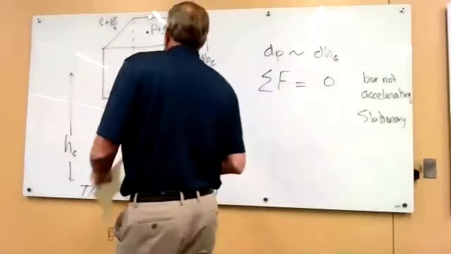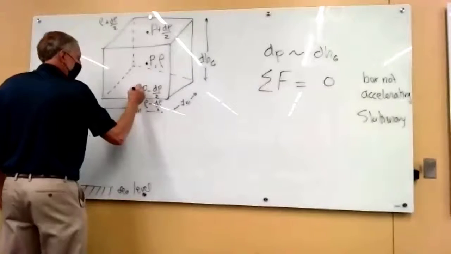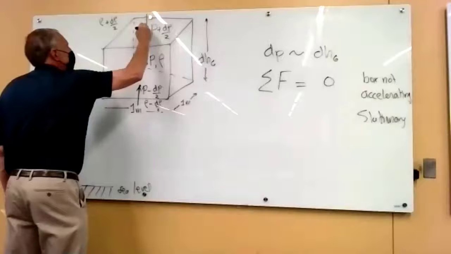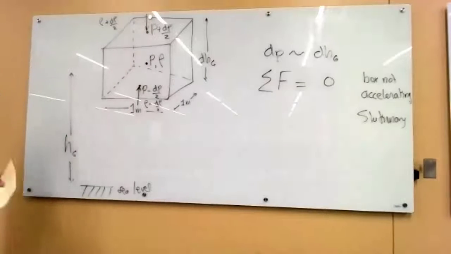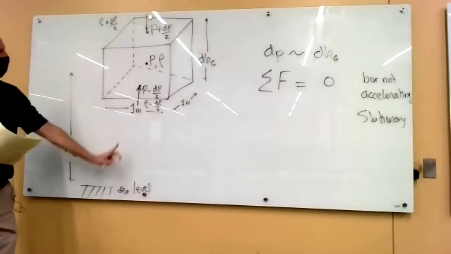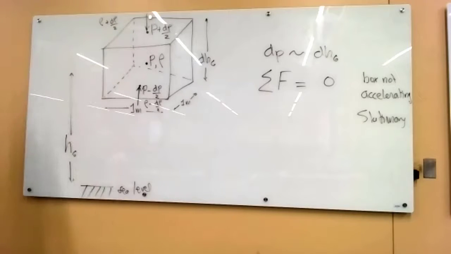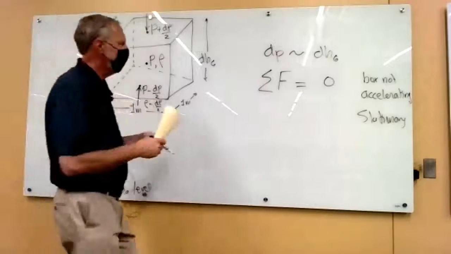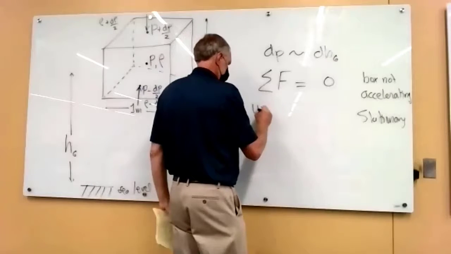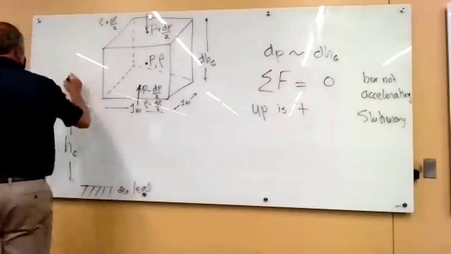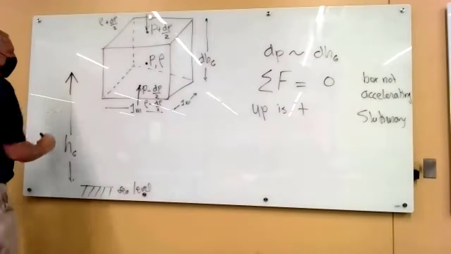So what we have to do is calculate the force on the bottom of the box and the force on the top of the box, and then the weight, because there's gravity, there's pressure force up, pressure force down, and gravity down. Oh, and by the way, we're going to say up is positive because we've designated our altitude that way.